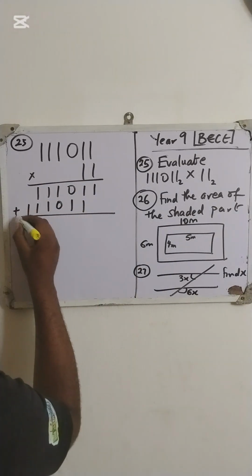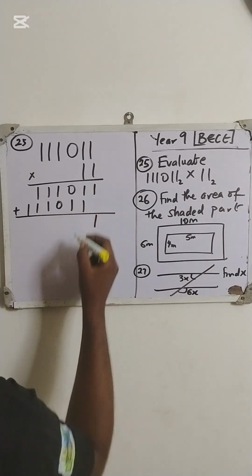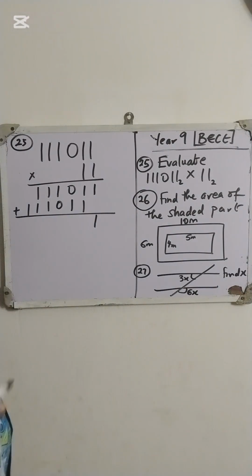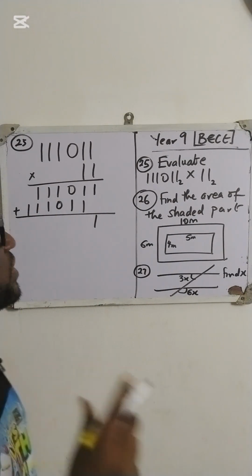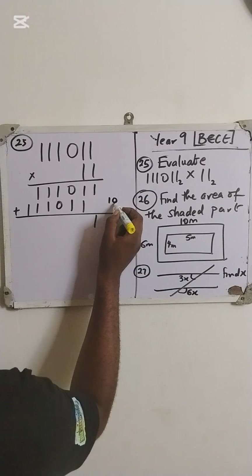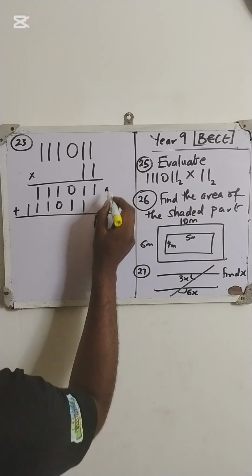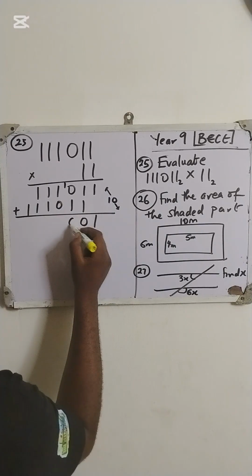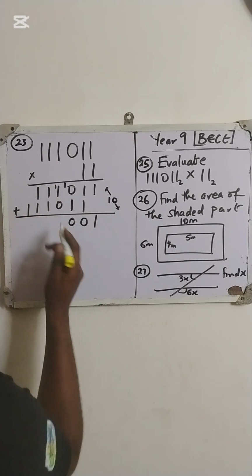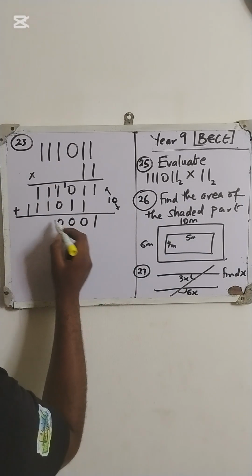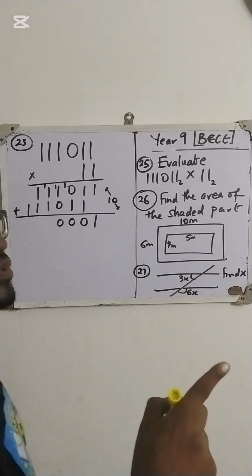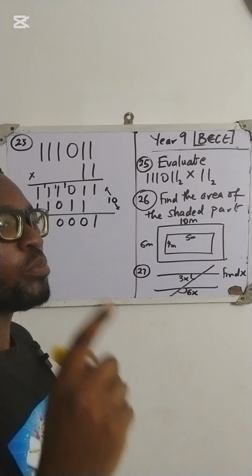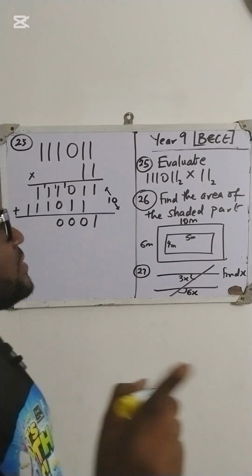So we add. 1 plus 1. Remember, 1 plus 1 is 2 in base 10, but 1 plus 1 is 1, 0 in base 2. So since it's 1, 0, we write this and carry this. 1 plus 1 is also 1, 0; we write this and carry this. Now 1 plus 1 plus 1 is 3 in base 10, but it is 1, 1 in base 2.